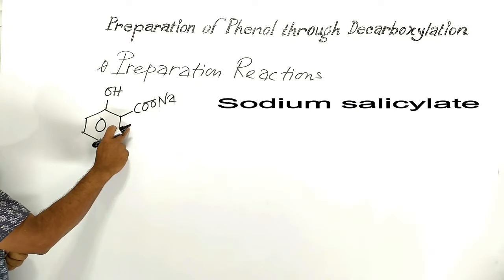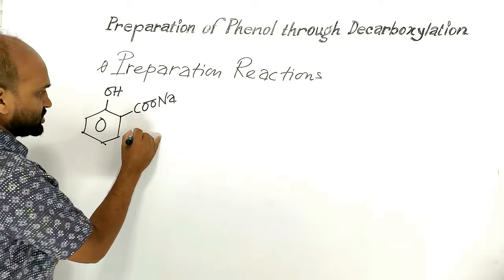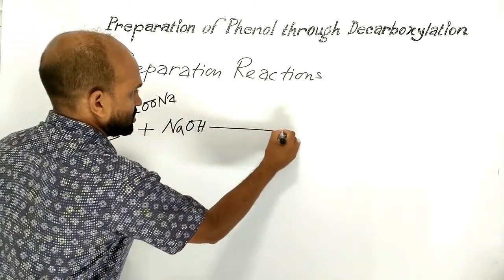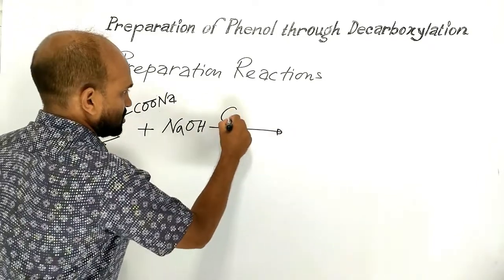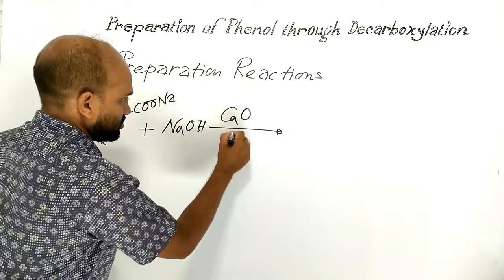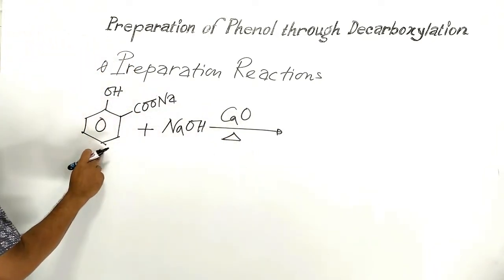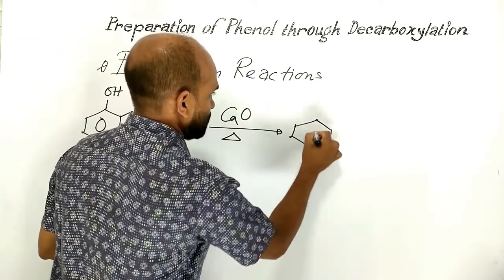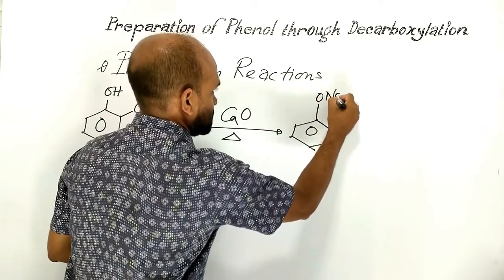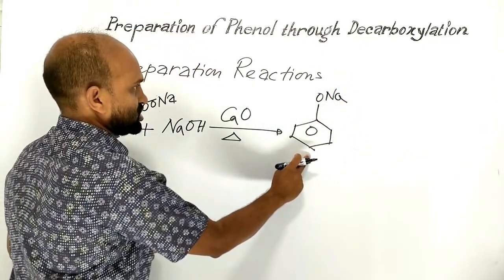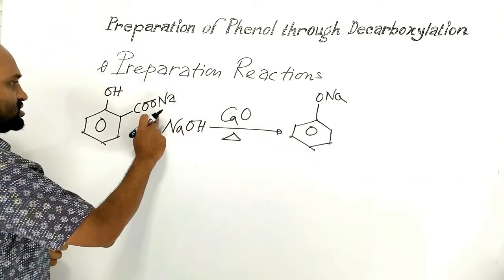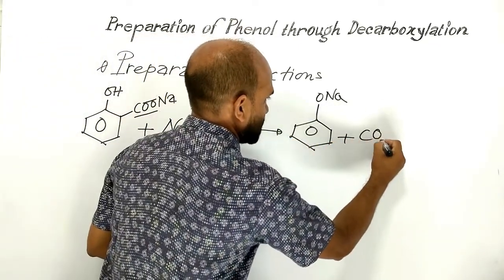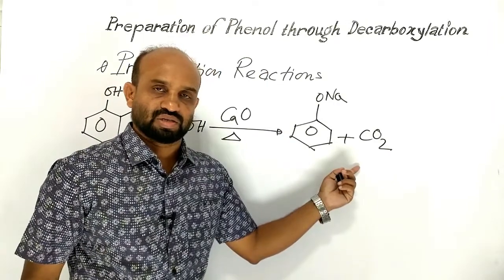The name is sodium salicylate. When sodium salicylate is mixed with soda lime, which is written in this way: caustic soda, quicklime, and the mixture is heated, then sodium salicylate converts to this compound, sodium phenoxide or sodium phenolate, and in this case CO2, that is carbon dioxide, is released from the reaction.